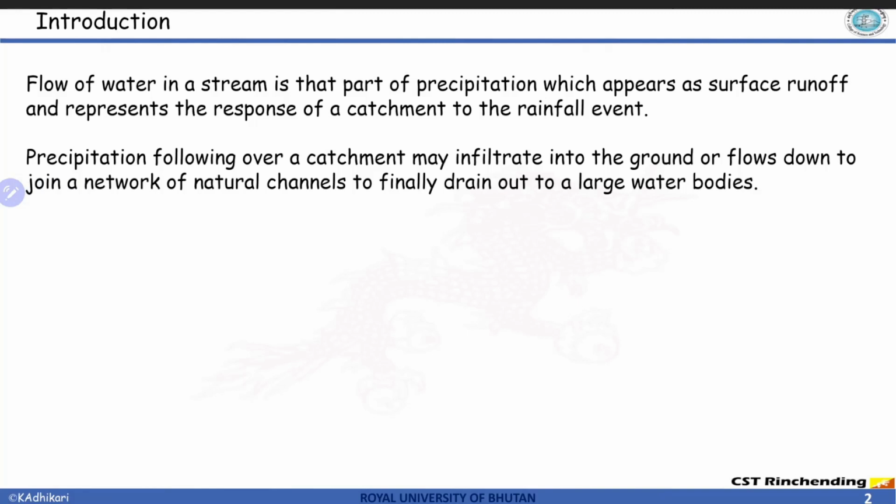Of course, we can measure precipitation at a particular location, but we know that precipitation varies according to the topography. So exactly quantifying how much precipitation has occurred is going to be difficult. But how much runoff is there at that particular gauging site, that we can calculate, that we can estimate, in fact.